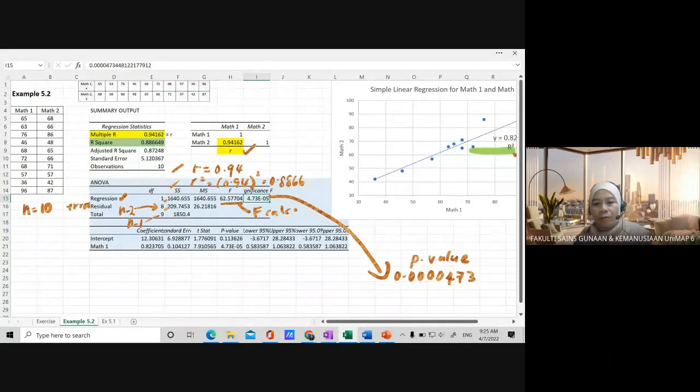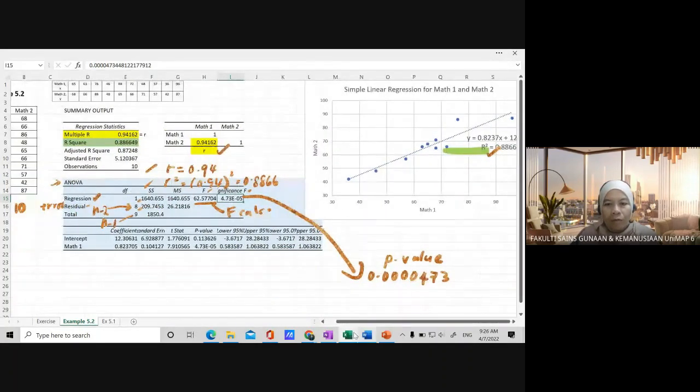Everything is provided inside the ANOVA table that you generate using Excel. You just have to understand what regression means, what the residual means, what this F means, and what this significance F means, so that you know what to conclude from the analysis from your Excel.